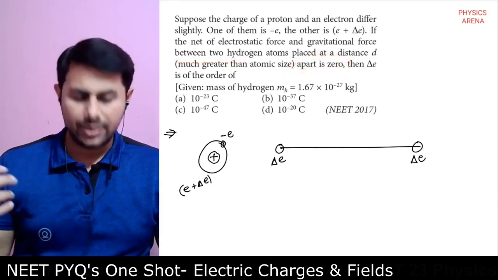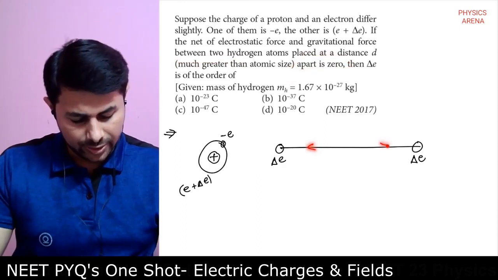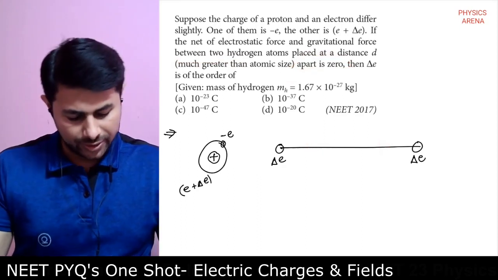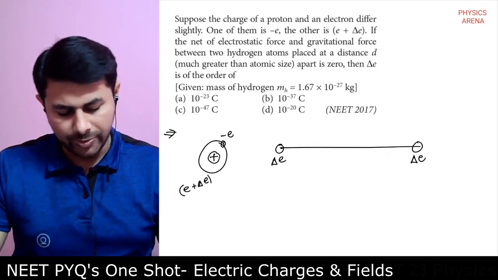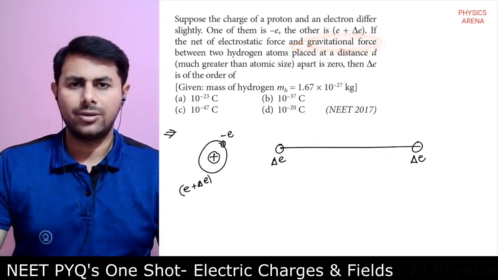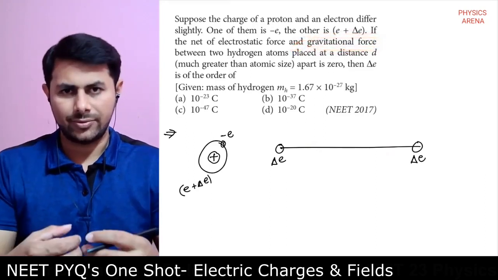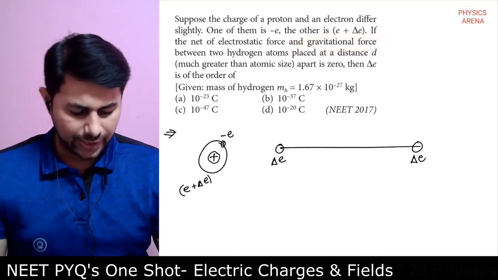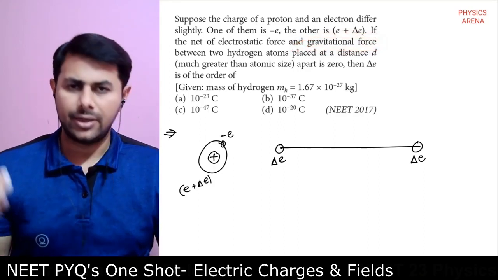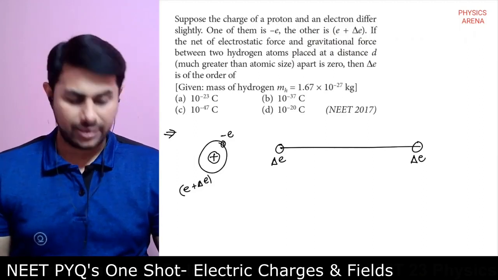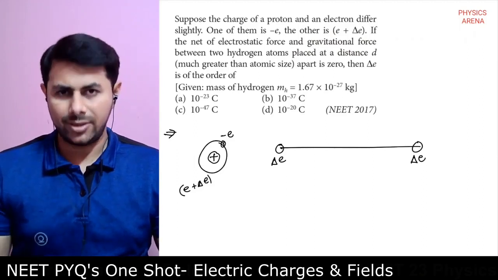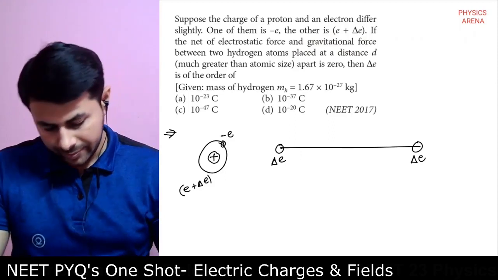So there will be some repulsive electrostatic force, and there will be some gravitational force which is attractive. If they cancel out each other, then the net force will be 0, right?